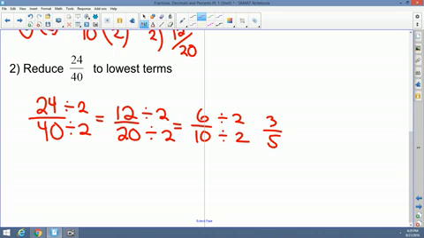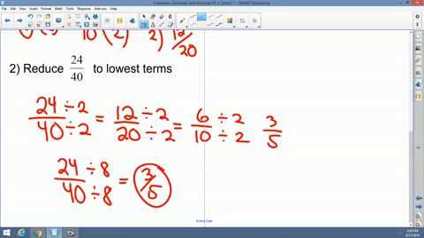Okay? 3/5. So actually, the best and easiest way to do this is to recognize that 24/40, you can divide 8 to both top and bottom. You can divide 8 to both top and bottom because 8 is the greatest common factor of both 24 and 40, and that gives me 3/5.